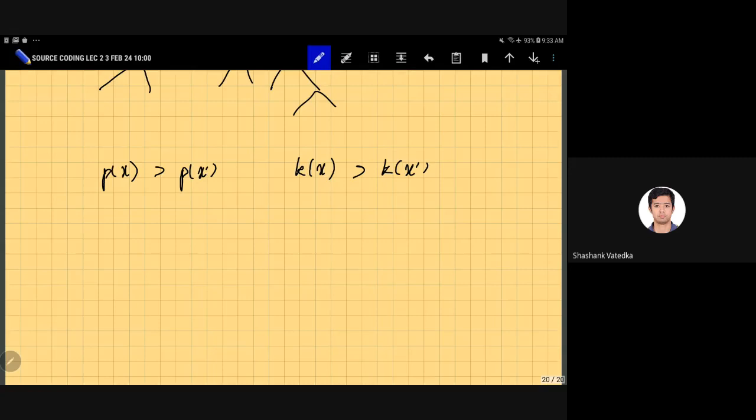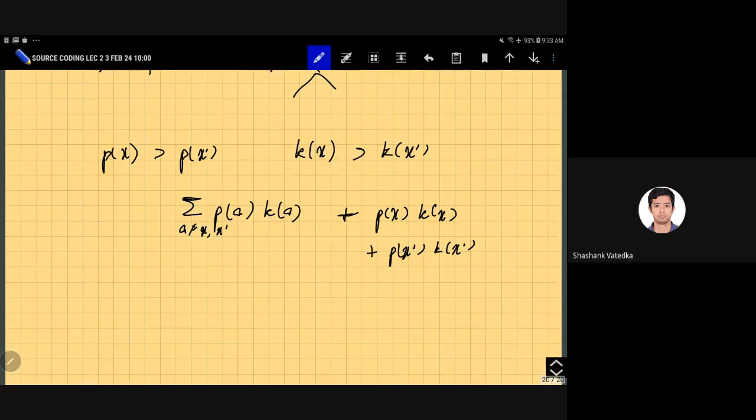So the expected length would be the summation of p of a times k of a for a not equal to x or x prime, plus p of x k of x plus p of x prime k of x prime. I'm just writing the expected length in this manner. Now if I interchange the code words for x and x prime, then I get k of x prime and k of x.